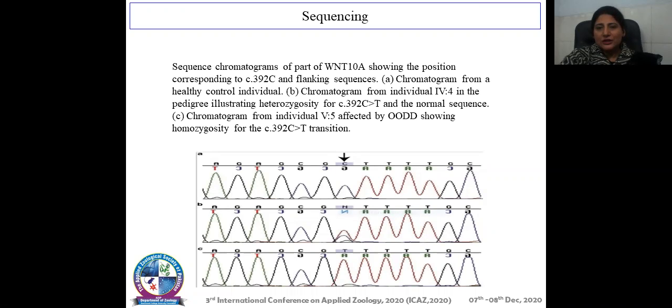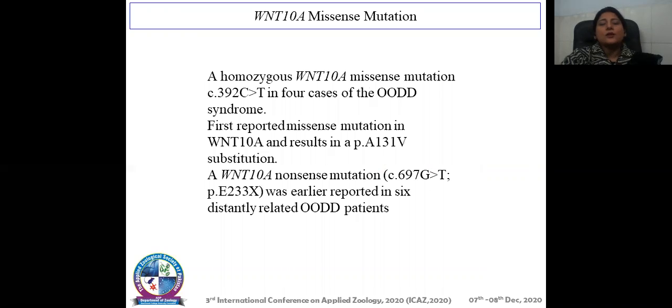Sequencing of the Wnt10A gene showed a transition that we observed in the chromatogram, a nucleotide replacement C to T, which resulted in an A to V change. This homozygous Wnt10A missense mutation we saw in all 4 affected cases of the OODD syndrome.